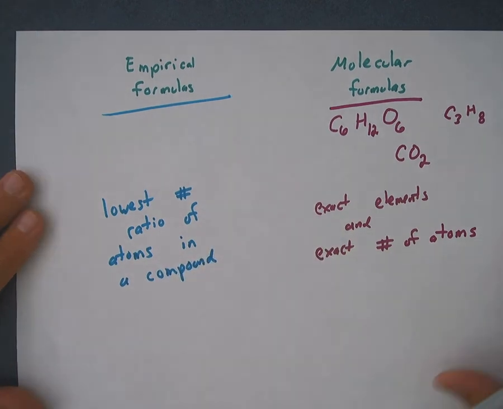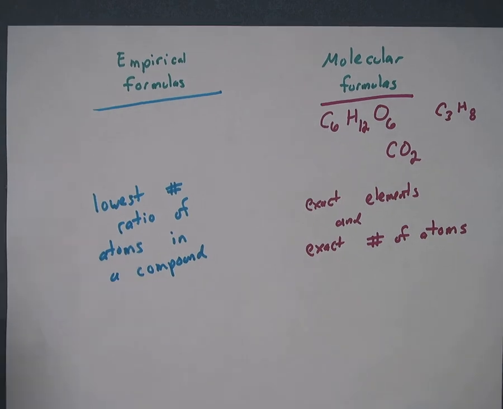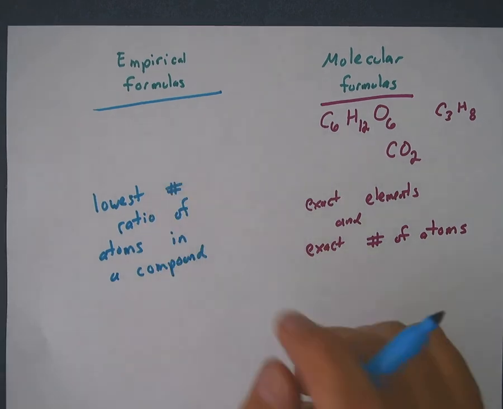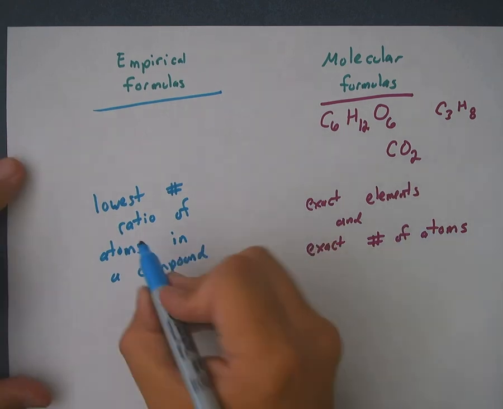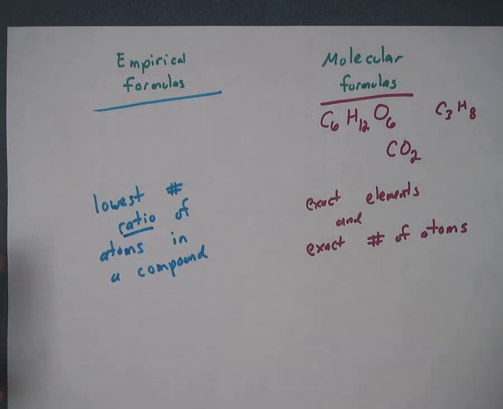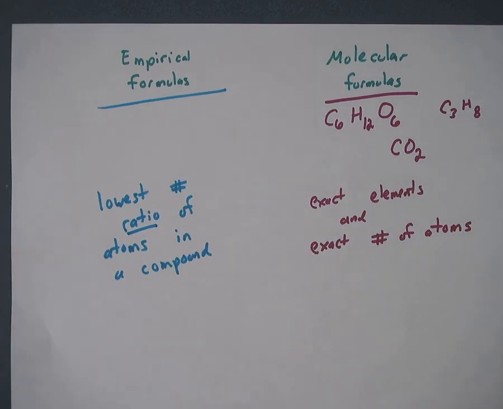All right, so there's a reason why years ago, before you took chemistry, you learned how to reduce fractions, because empirical formulas don't have the exact numbers. They have the ratio of the atoms in a compound. So that's kind of a key word, ratio versus exact, okay? And empirical formulas you don't look up so much.